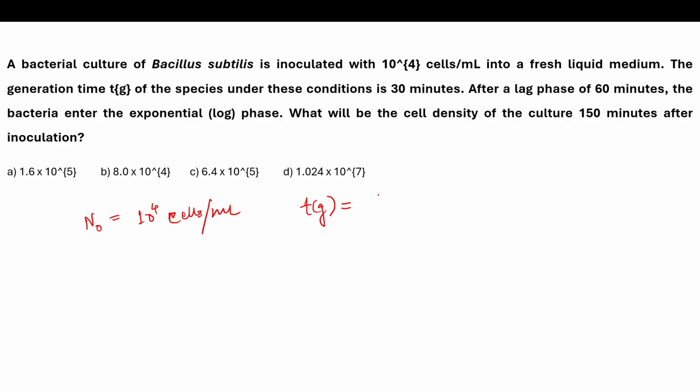Generation time is what, 30 minutes. Lag phase is how long? 60 minutes. And so the question asked is, what will be the cell density of the culture 150 minutes after inoculation?